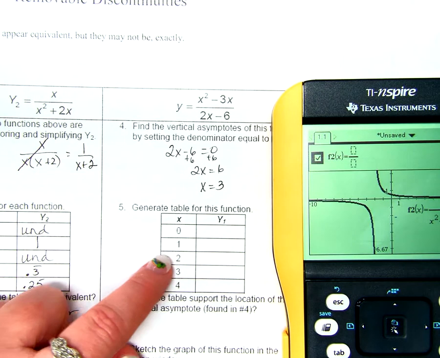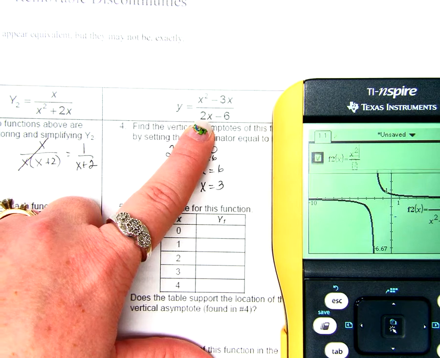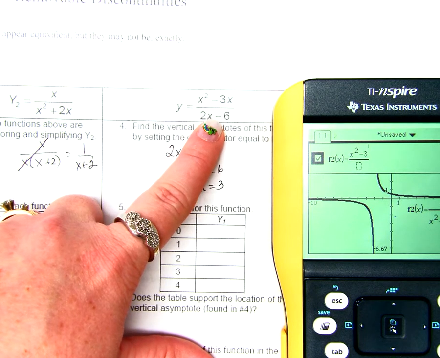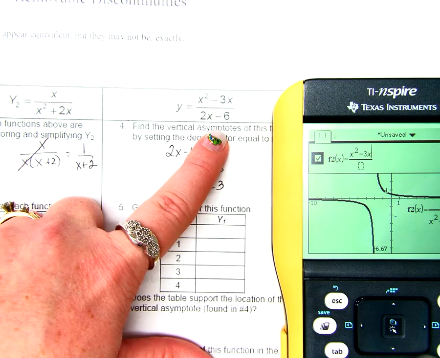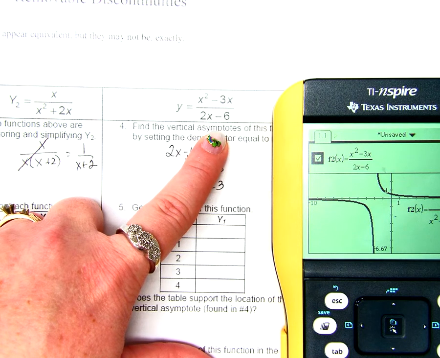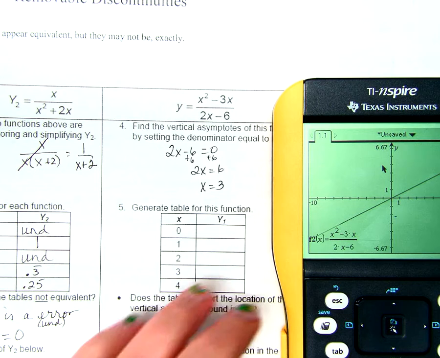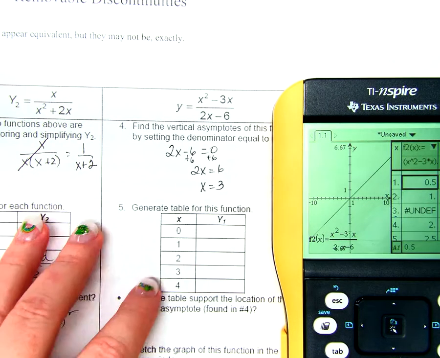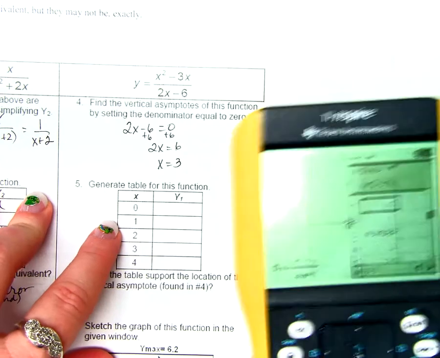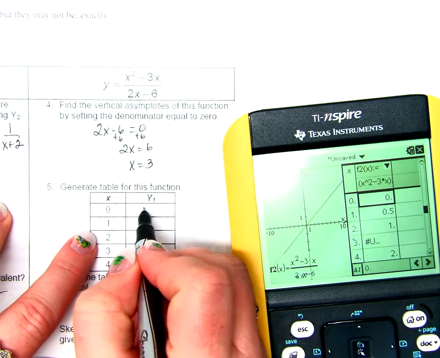So let's do x squared minus 3x over 2x minus 6. Well, that's odd. Control T gives me my table for this function, and if x is at 0, y is at 0.